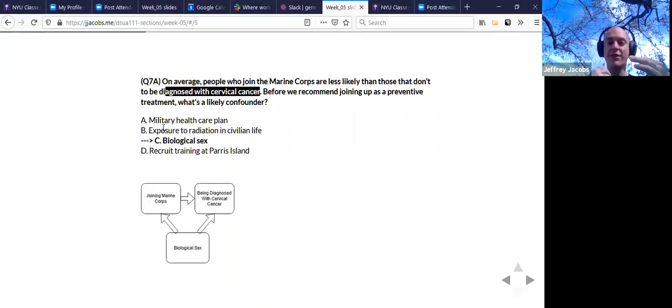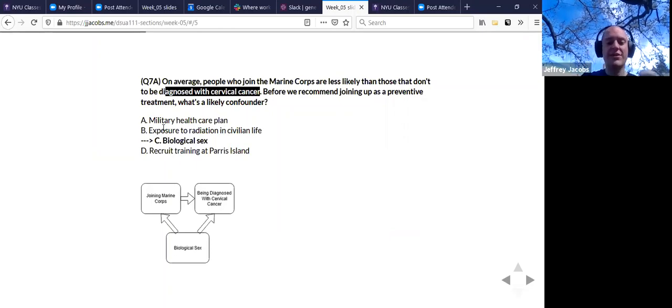So in this case, this would be violated because you would be saying that getting the military healthcare plan causes someone to join the Marine Corps, right? But it's the other way around. It's that when you join the Marine Corps, you get the military healthcare plan, right? So the story doesn't make sense for a military healthcare plan affecting the independent variable. The independent variable affects military healthcare plan, but then that would be the arrow flipped the other way, right? So it's not a confounder.